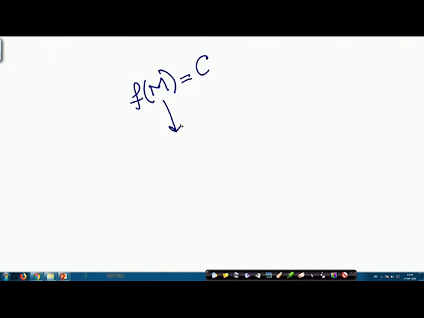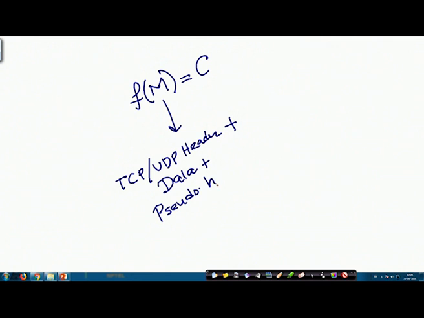Now, in this message, TCP or UDP put the TCP or UDP header plus the data that you are sending plus a pseudo header. This pseudo header is actually not transmitted with the packet, it is just used for the computation of checksum, and once the checksum is computed, that pseudo header gets dropped.